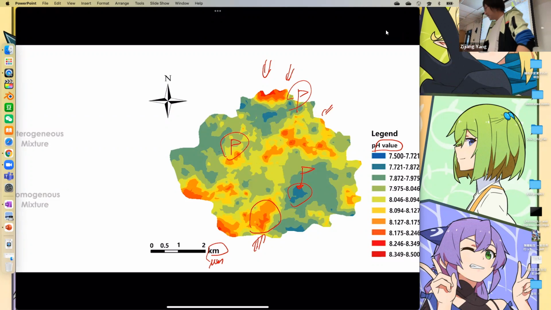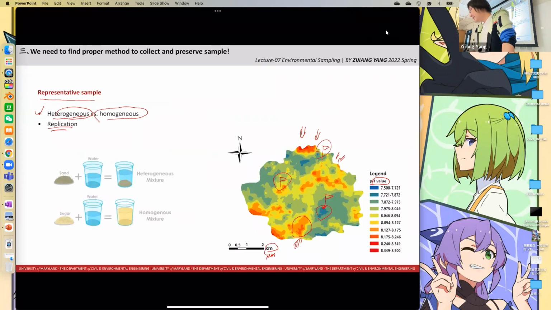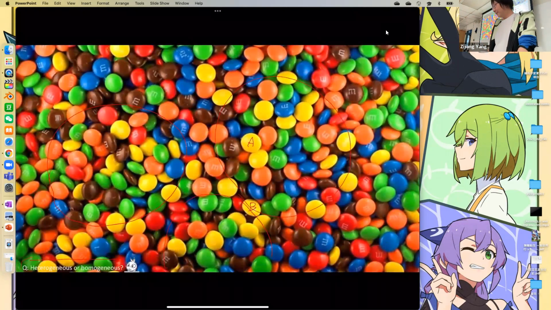In that case, even though the pH changes inside this very small chunk, for the large soil, the average pH may be the same. So this may also be homogeneous. So the point is that it depends on the sampler.